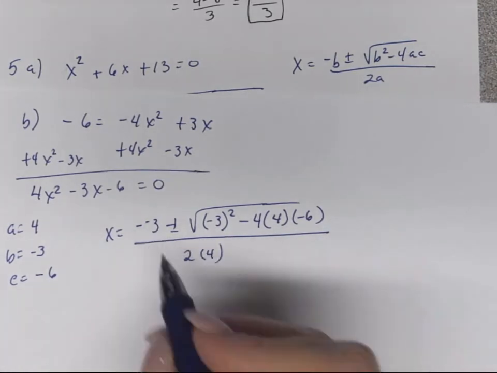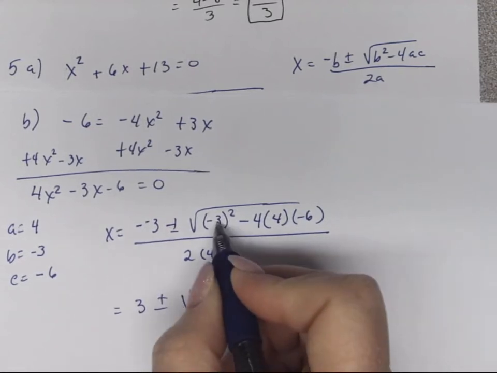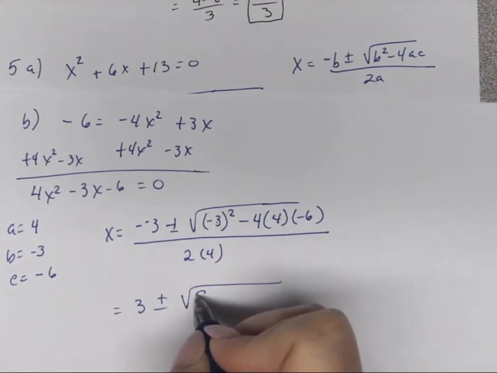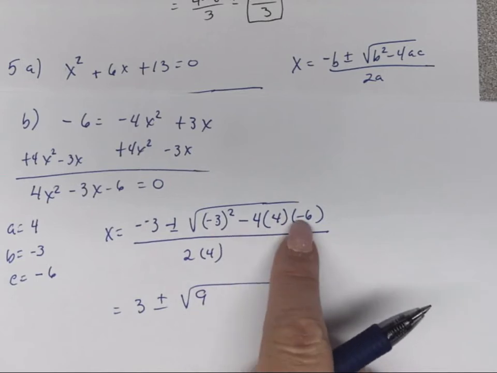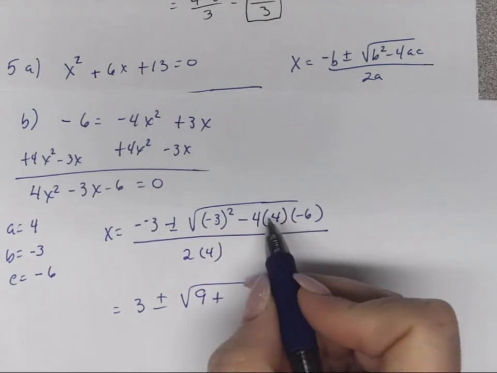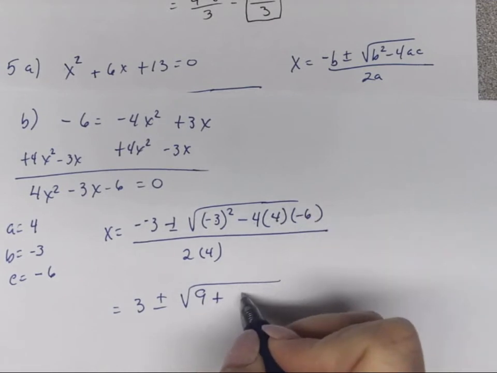So that double negative will become a positive 3. Negative 3 squared, that will become a positive 9. That's what I was talking about. Whenever you square this, it's always going to be a positive value. I have a negative times a negative, so I know this will be a positive. 4 times 4 is 16, times 6 is going to get us 96.